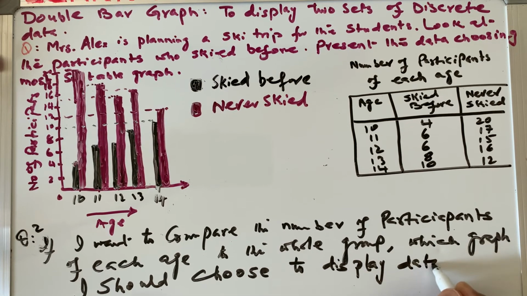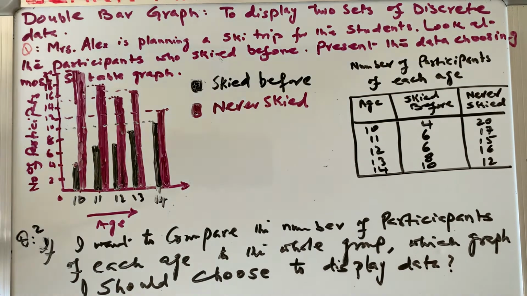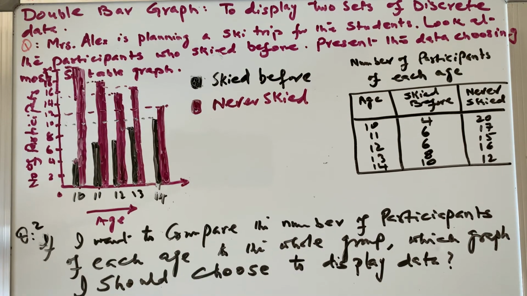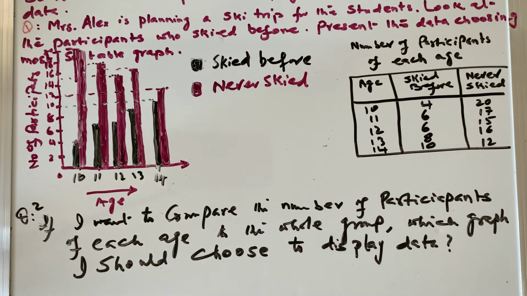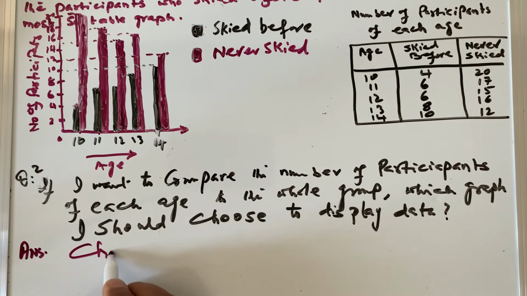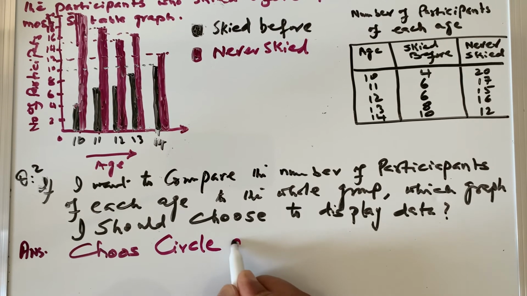So now you have to think for a while, but I have already answered this question in previous videos, but I will tell you one more time that in this case, I will be choosing the circle graph. Very good. So the answer is: choose circle graph. Why?